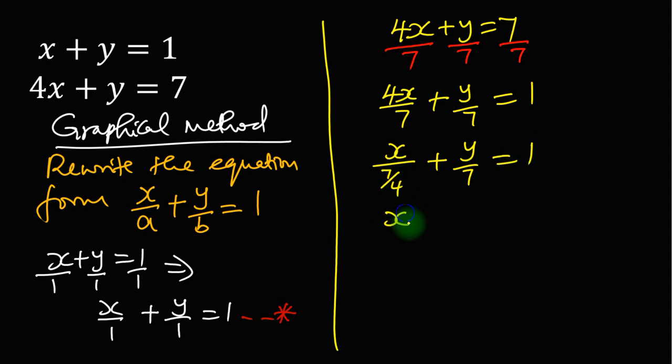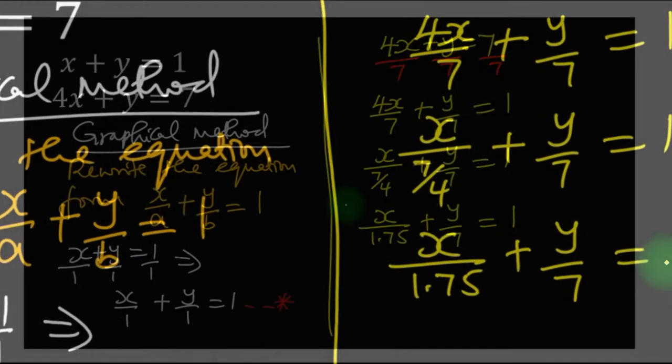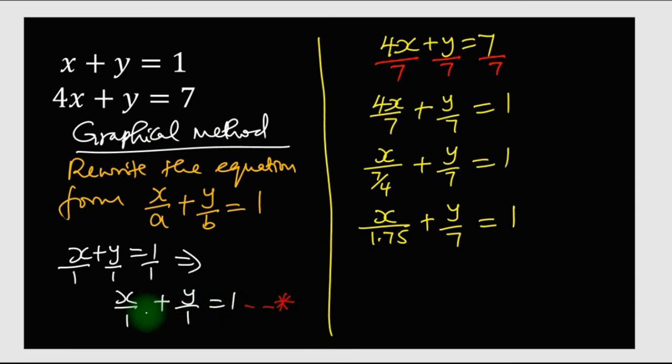Which is the same as x over 1.75 plus y over 7 is equal to 1. So now we already have the two equations, and that is what we are going to use in our case. This is the first one and this is the other one.